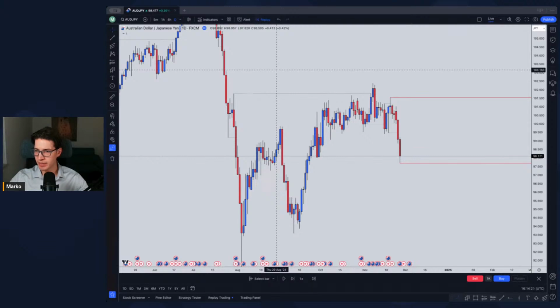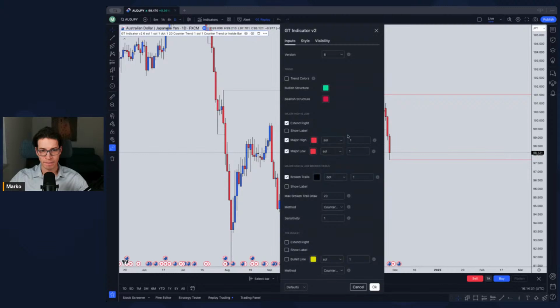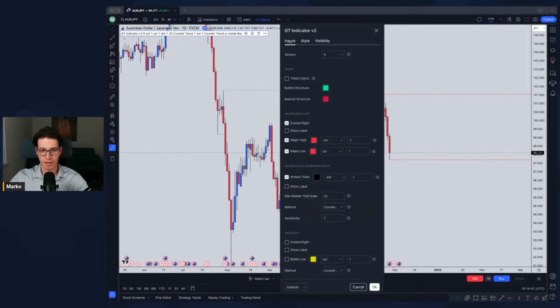Native says, can we please see your indicator settings? Yeah, sure. So I use this indicator GT high and low. And these are the settings. So if you want to take a screenshot of this, okay, this is all the same. This is all default. But I think this, I messed around with these numbers.